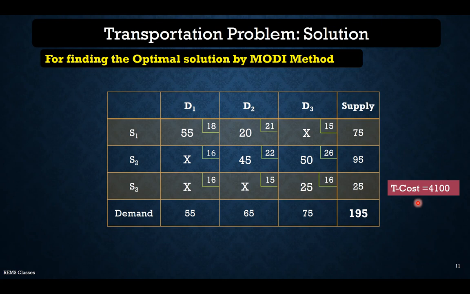For that, the first step is to introduce optimal, or you can say dual, multipliers or dual variables in the rows and columns.